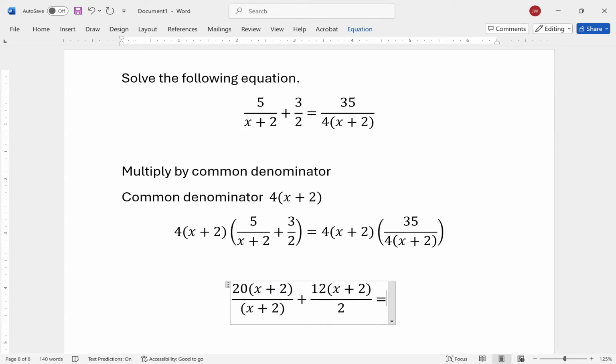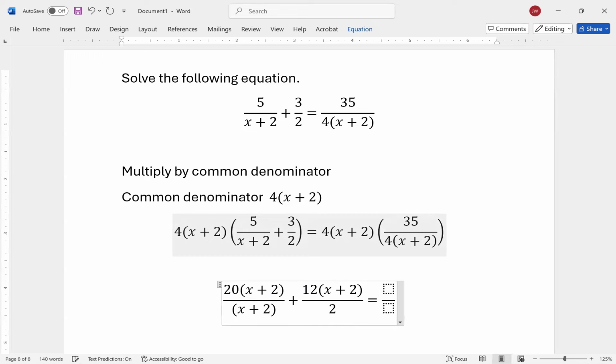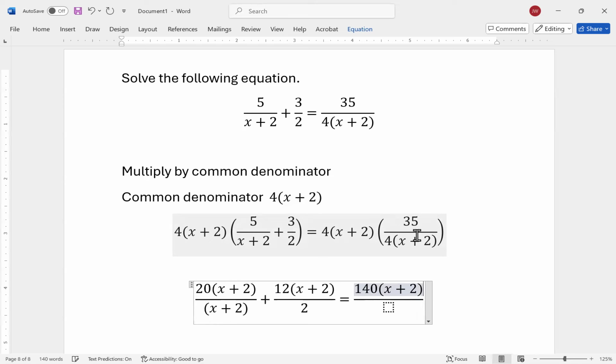And then lastly, on the right-hand side, 4 times x plus 2 times 35. 4 times 35 would be 140. So I'd get 140 times the quantity x plus 2 on the top, and then divided by 4 times the quantity x plus 2 on bottom.